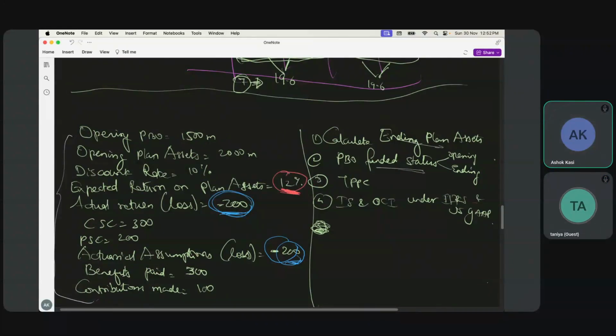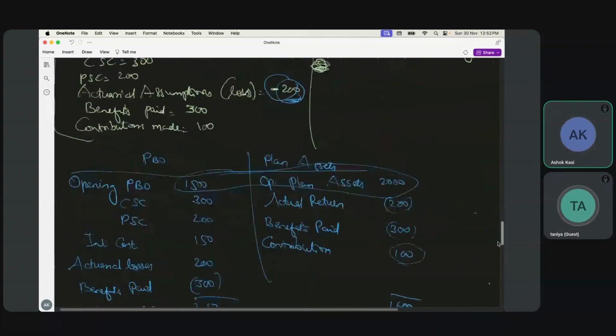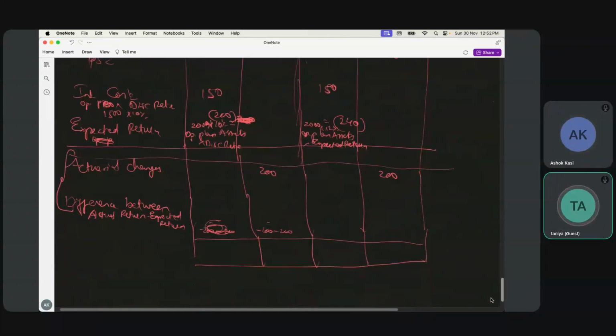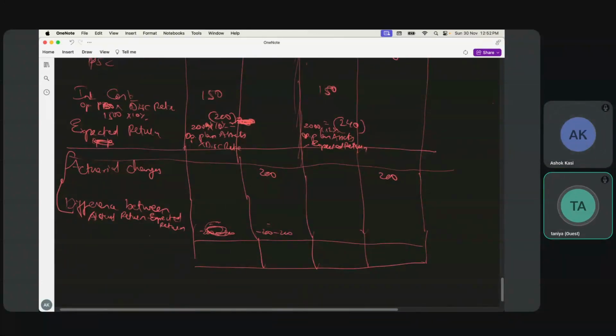Expected return will always be positive, because you will always expect positive returns. For accounting purposes we were making it negative, but actually it is a positive number. So minus 200 minus 200 comes to minus 400, and minus 400 means it is a negative number.